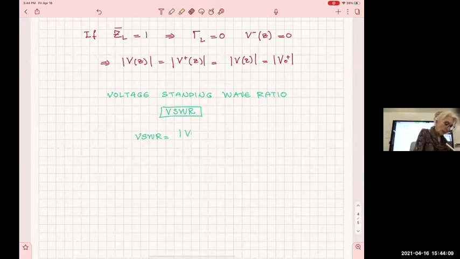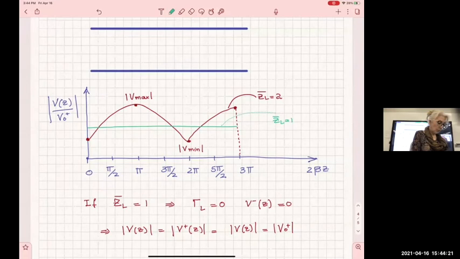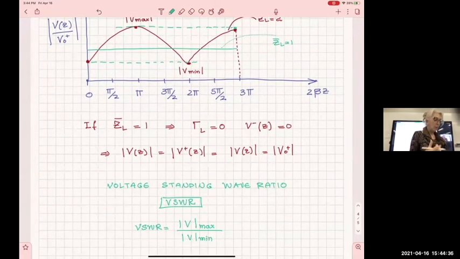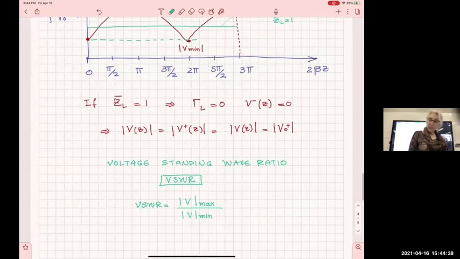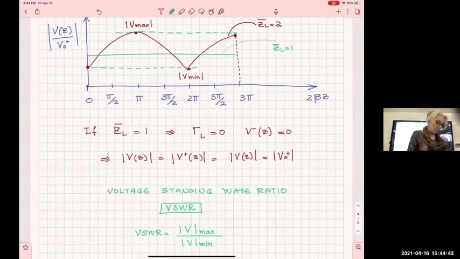People were smart to find one unique number, Vmax over Vmin. What is Vmax? Vmax is this one up here. So this is the line that shows me the Vmax, and that Vmax repeats. I only have one Vmax, all right? And Vmin is this one. So the Vmax over Vmin shows me this VSWR.